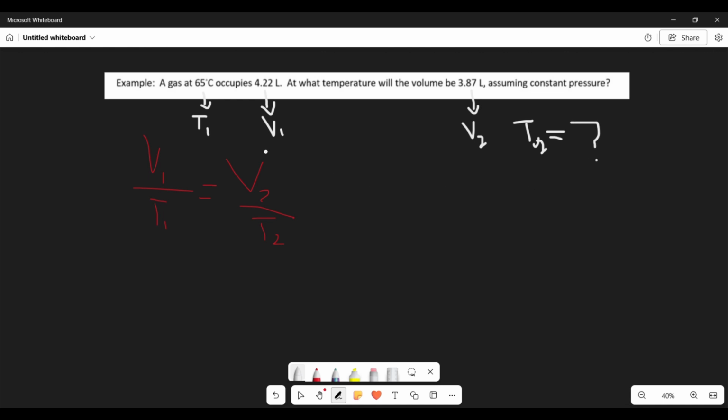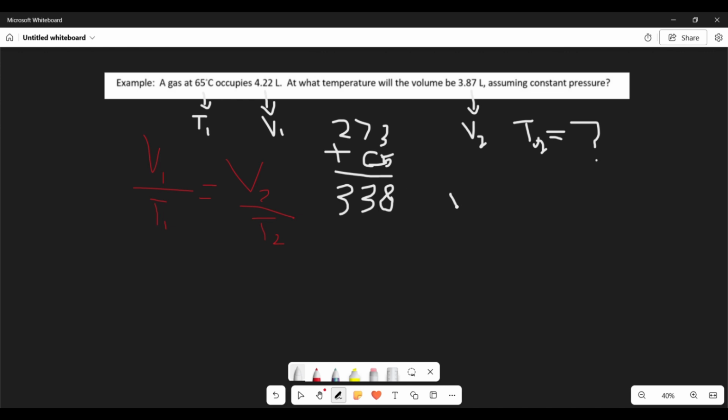Okay, so let's plug in our things. But first, 65 Celsius is not in kelvins, so we need to convert that first. 273 plus 65, and that is 338. So now that we have our T1, let's plug it in.